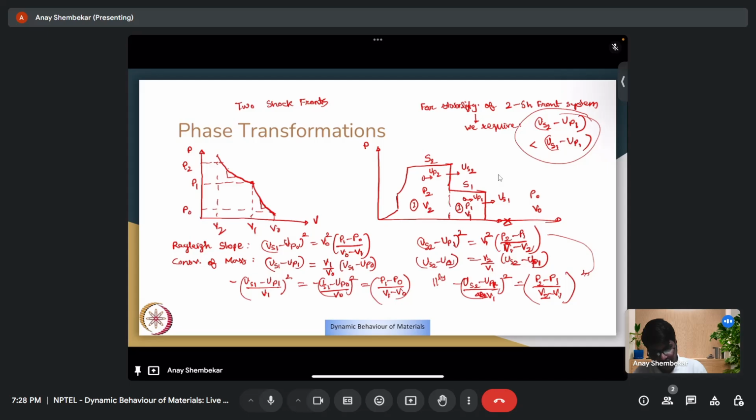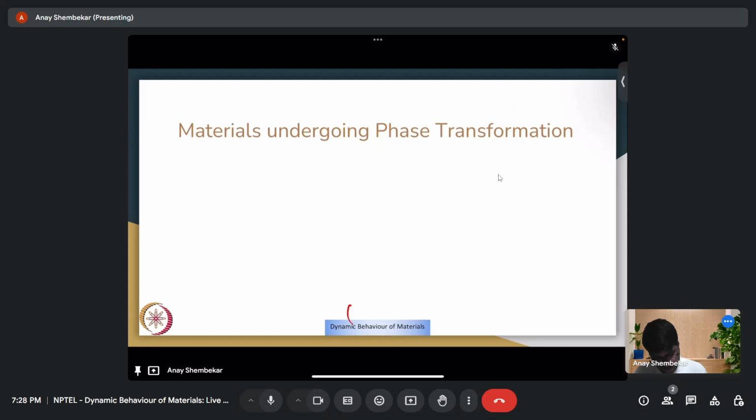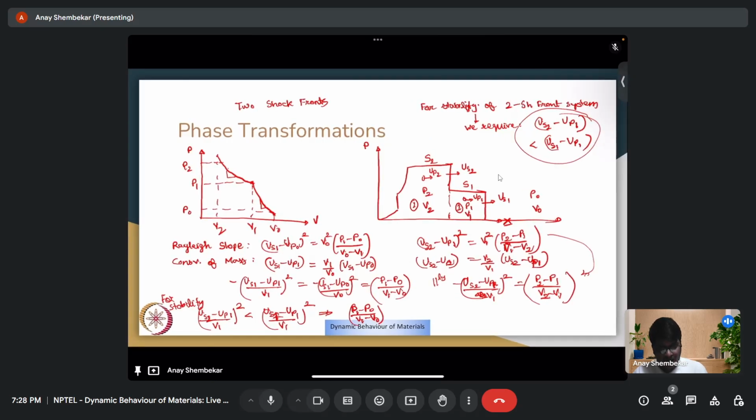So using this, we end up getting US1 minus UP1 by V1 whole square less than US2 minus UP2 by V2 whole square for stability, which implies P1 minus P0 upon V1 minus V0 to be less than P2 minus P1 upon V2 minus V1.